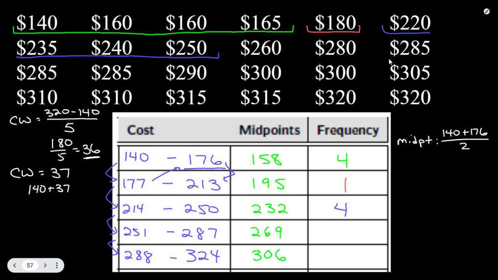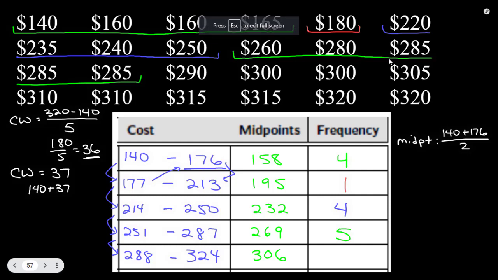Next, we're going to go from 251 to 287. So it's going to start here and go through here up to here. So there are 5 of those. And finally, we're going to run from 288 to 324.